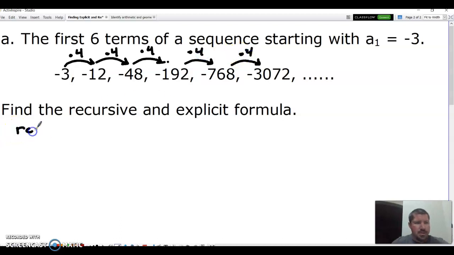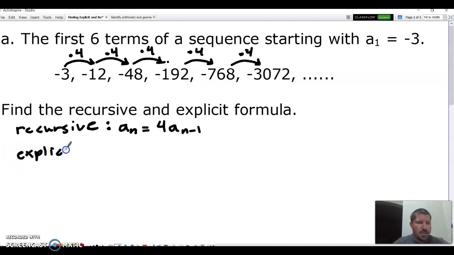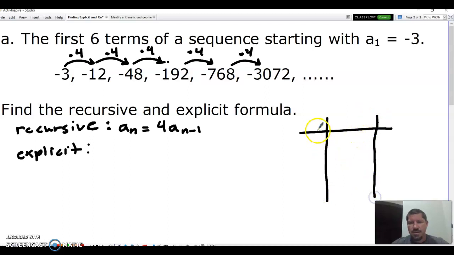Alright, so recursive, again, very simple. A sub n is equal to 4 times a sub n minus 1. The explicit, like I said, a little bit more challenging, and it's also a little different from the other one.